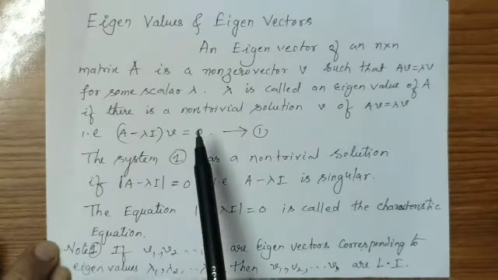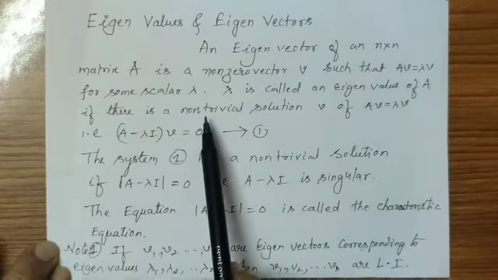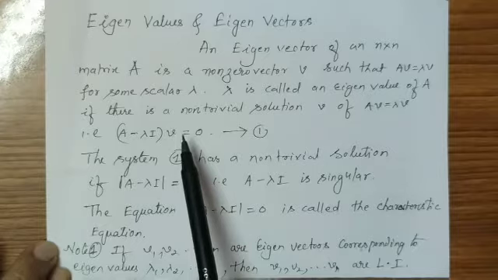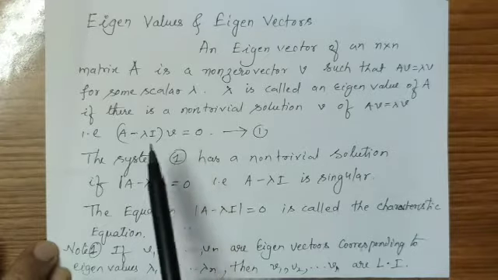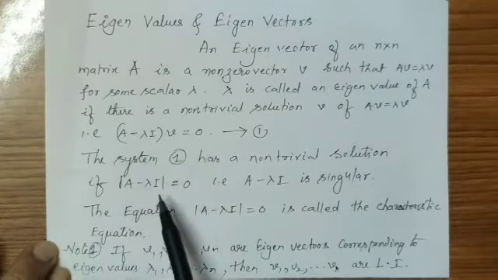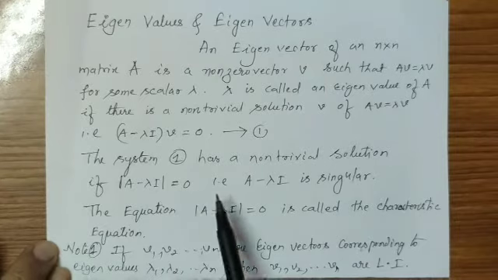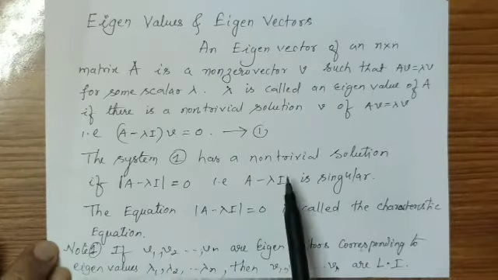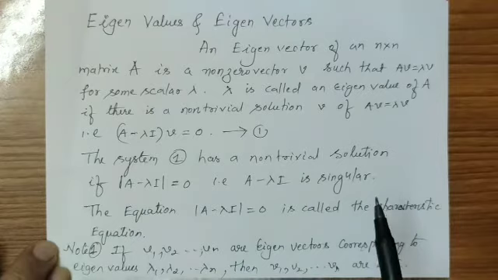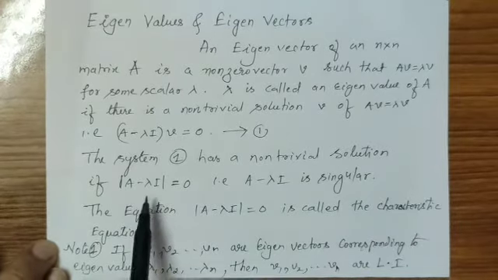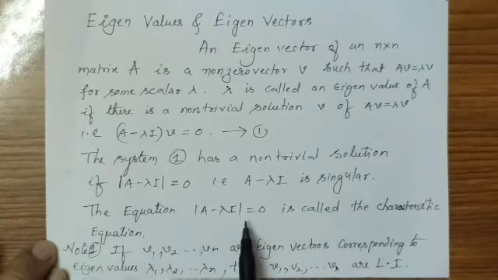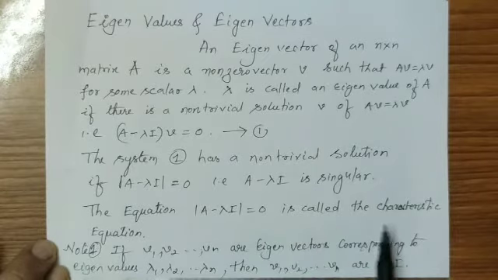Only if we have a non-trivial solution do we say that it is an eigenvector. So the eigenvector is non-zero. Therefore, the determinant of A minus lambda I should be equal to 0. That means A minus lambda I is a singular matrix. This equation, the determinant of A minus lambda I equal to 0, is called the characteristic equation.